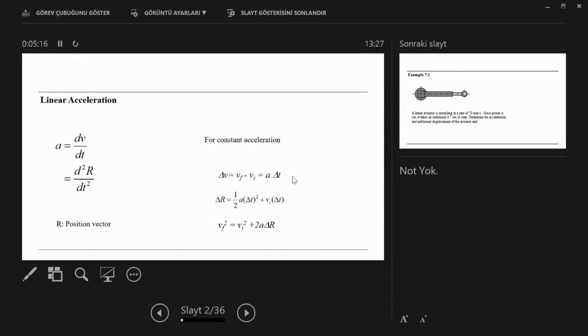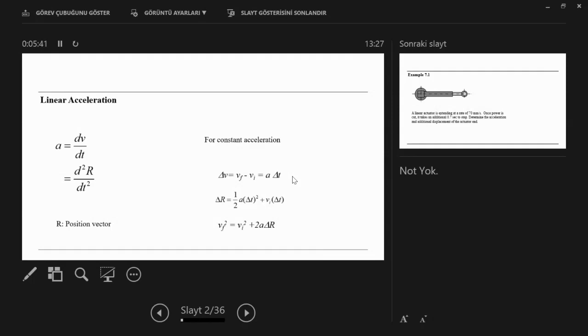This speed is changing within this time, or we can write it depending on the position vector, considering the second time derivative. So a is equal to d2r over dt square, where r is the position vector.